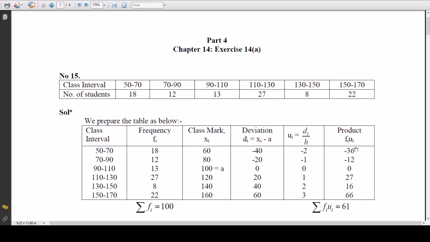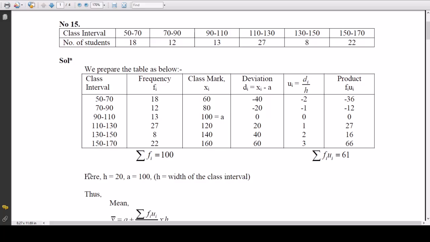And adding the product column, first add all the positive values and then add the negative values, and subtract these two to get the summation of fi ui. Here I've calculated for you: we are getting 61 as the summation of fi ui.